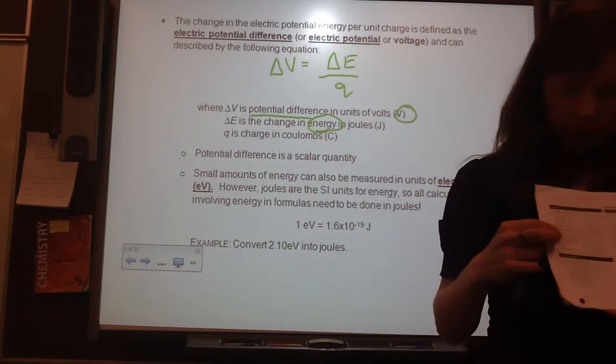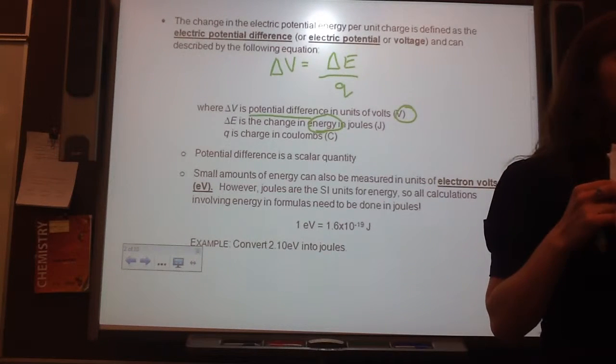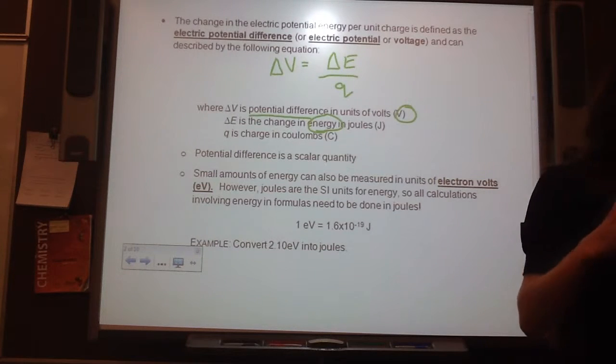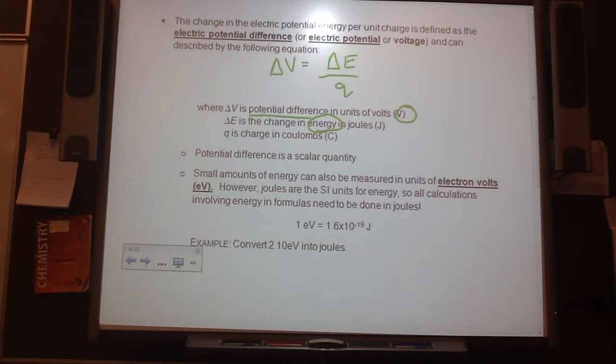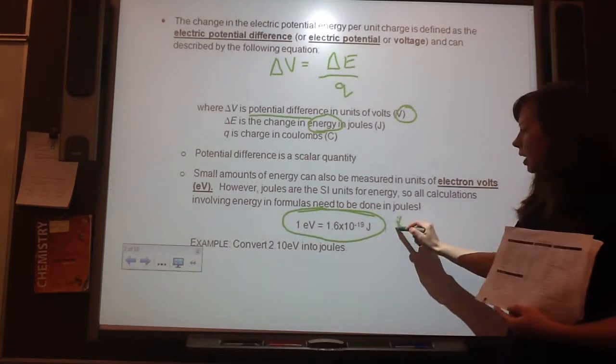Under constants, go down to one called electron volt. It says 1 eV is 1.6 times 10 to the negative 19 joules. So 1 eV is equal to 1.6 times 10 to the negative 19 joules.